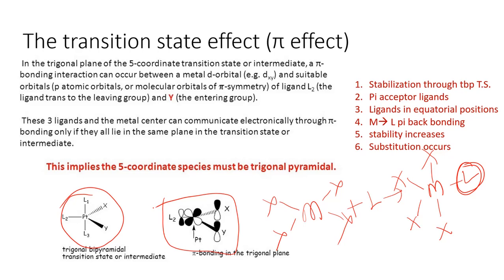In this case we have shown from platinum to ligand how the pi back bonding is happening. Okay, so in the next slide we will discuss the transition state effect, or the pi effect, more deeply.